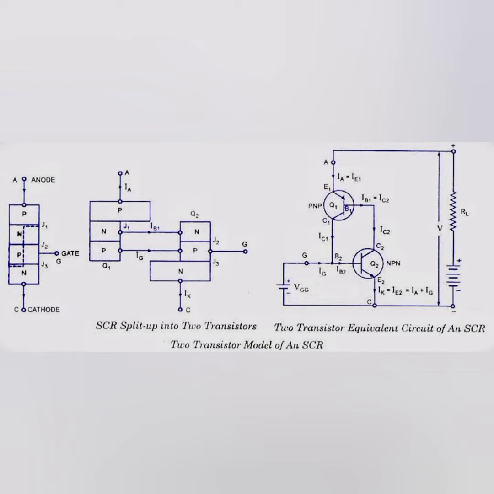Next is your two transistor type of thyristors. So in here the PNP and NPN type of transistors have been used. So normally the two transistor equivalent circuit of your SCR, and these are the connections for those SCR models.